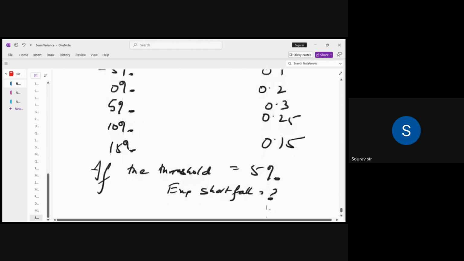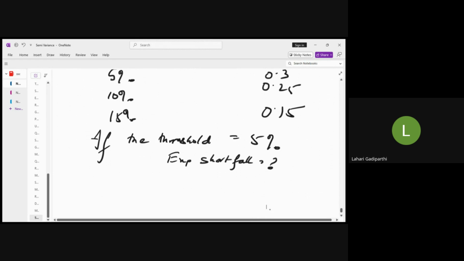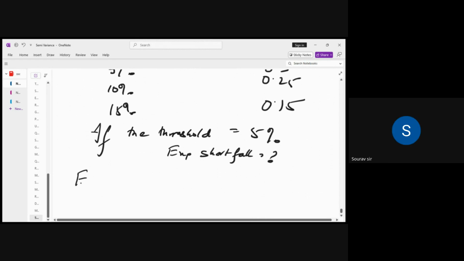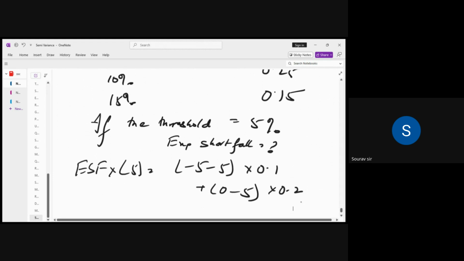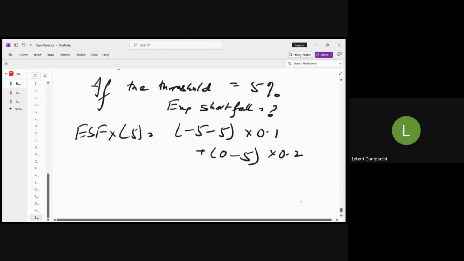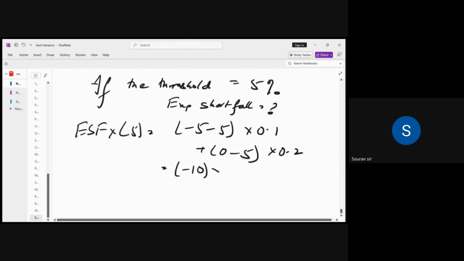Okay, let's do it. Expected shortfall will be minus 5 multiplied by 0.1 plus 0 minus 5 multiplied by 0.2, because it is expected shortfall. So it is minus 10 multiplied by 0.1 plus minus 5 multiplied by 0.2.